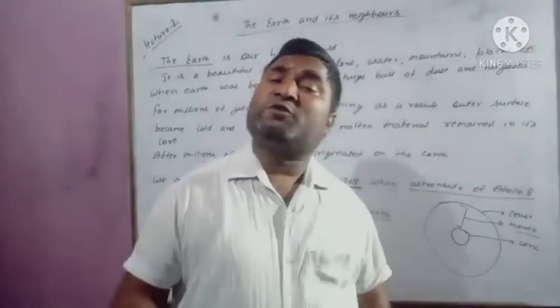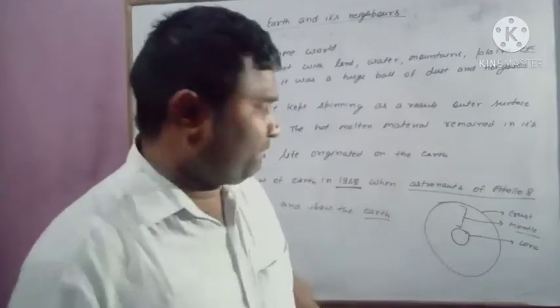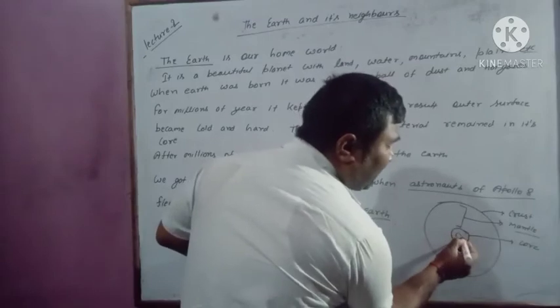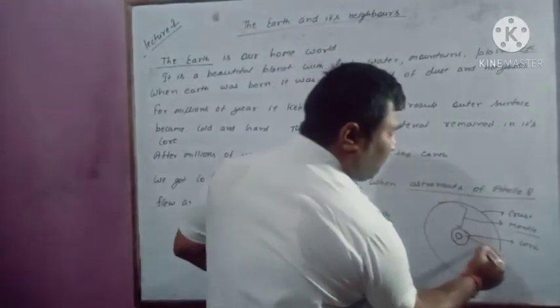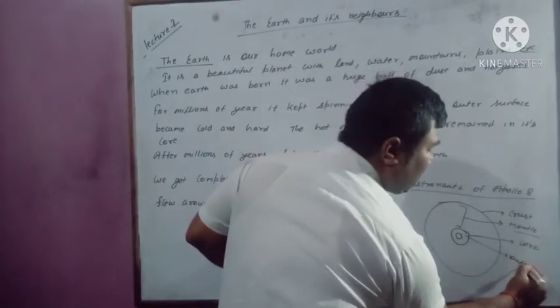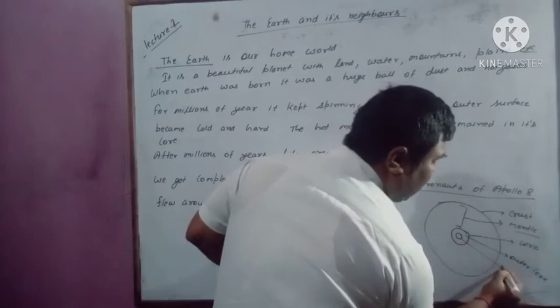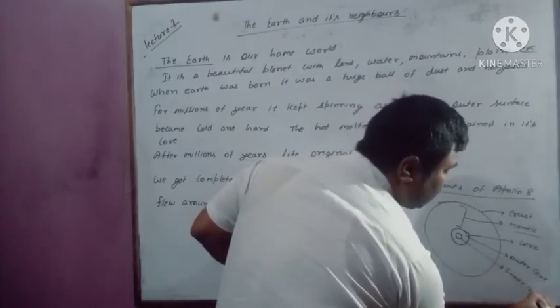The innermost part of the earth is called core. So core is also divided into two parts, outer core and inner core. This is called outer core and this is called inner core.